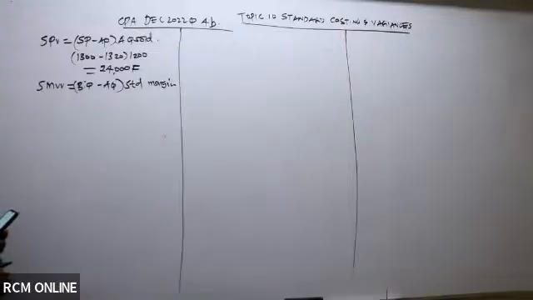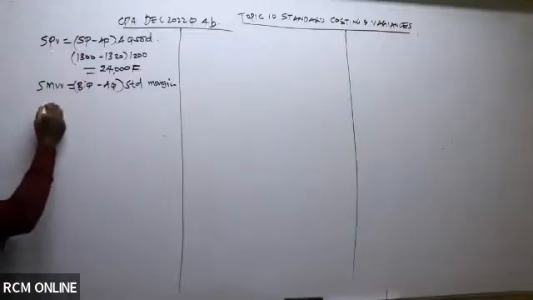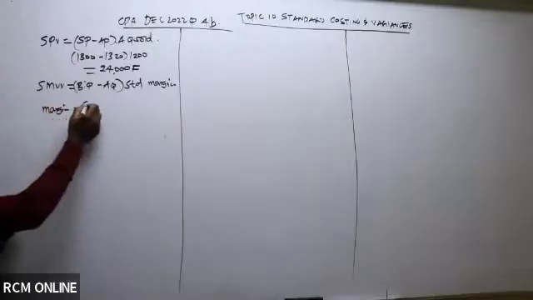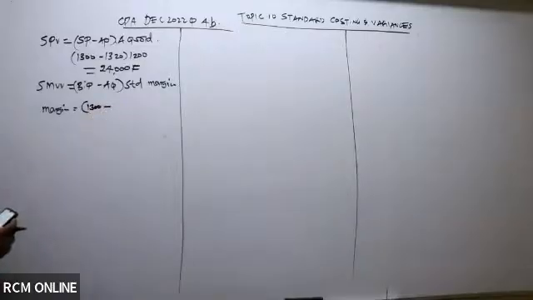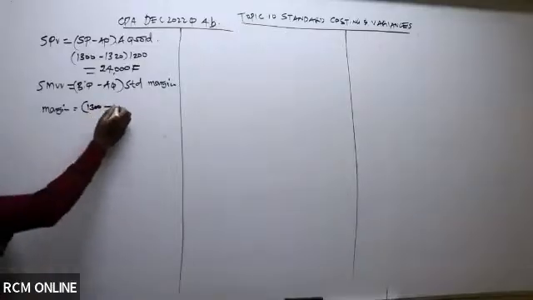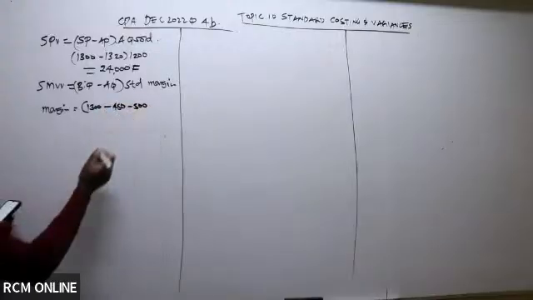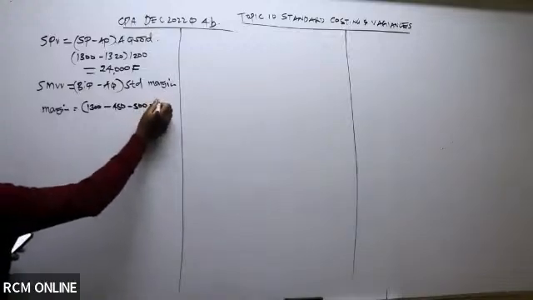Were we given budgeted selling price? We have it up here. So margin is equal to budgeted sales of 1,300 minus budgeted material cost of 450 per unit, minus 500 per unit, minus 100, which is variable production.